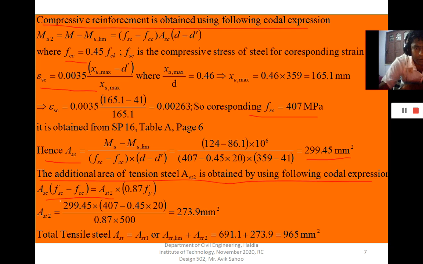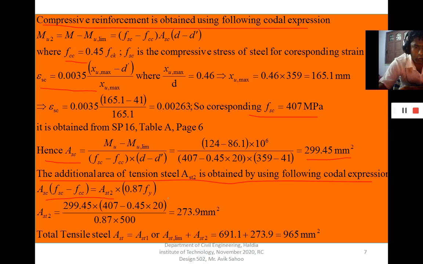In the codal expression only the FSC is given, but in the actual expression the FCC has to be considered. That we already explained in doubly reinforced sections in previous lectures.